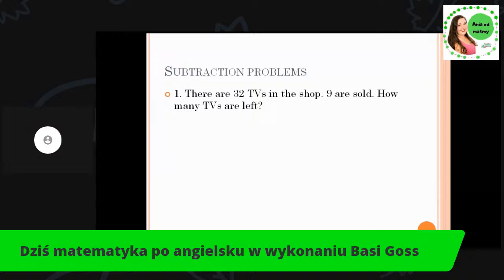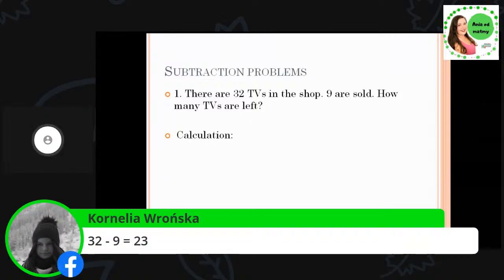And remember, we're going to use 3 steps like last week: calculation, check, and answer. So the first step is calculation. What calculation can we write to solve these problems? Please write in comments what calculation can we use to solve this problem.